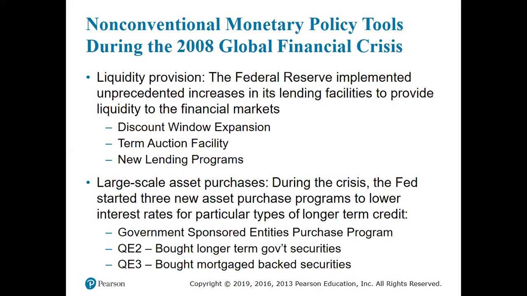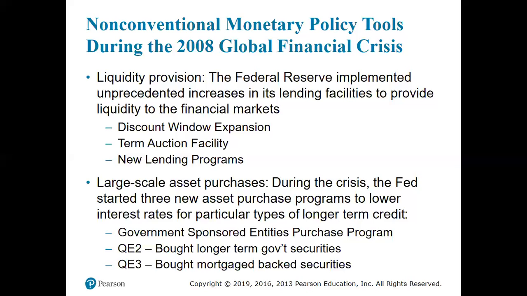Also, they tried to bring the mortgage rates down by buying mortgage-backed securities issued mainly by government agencies. And so they bought government-backed securities where historically they had just bought treasuries. They started buying mortgage-backed securities as well.